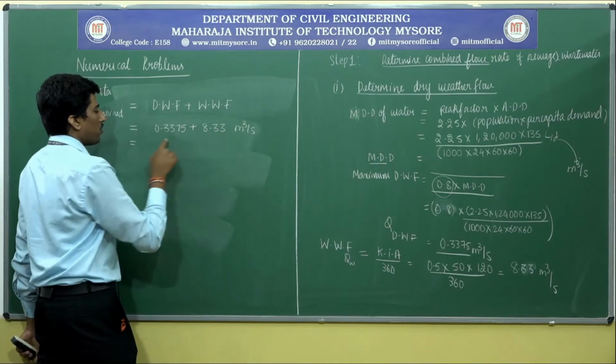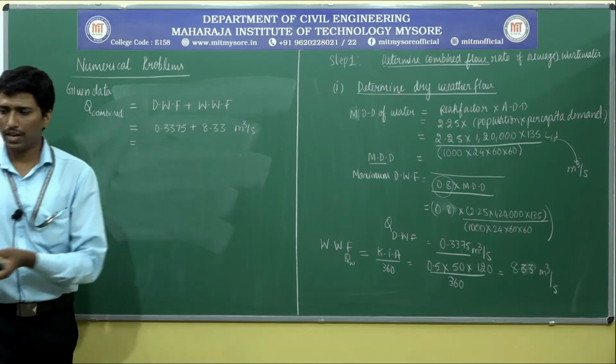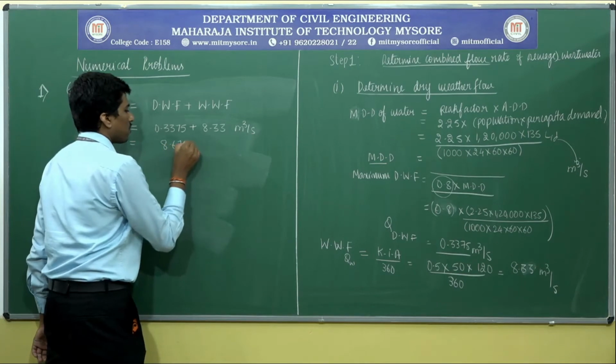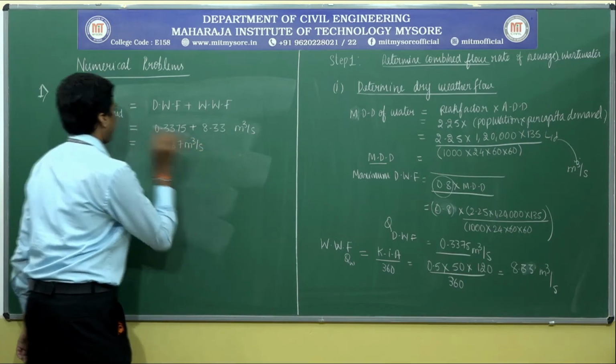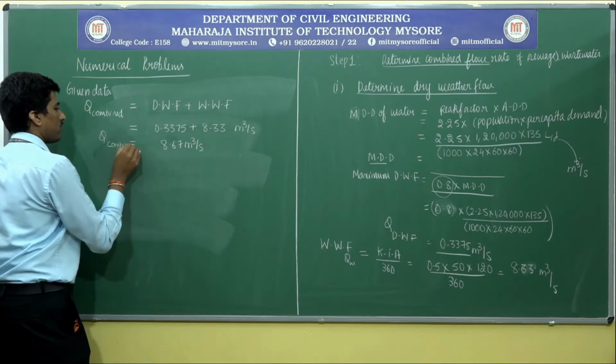Roughly you get 8.67 meter cube per second. This is the Q combined sewer flow rate.